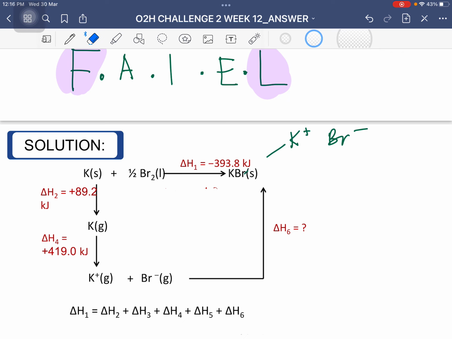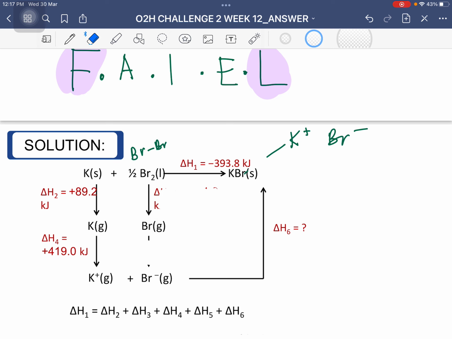Now we move to the non-metal part, which is bromine. So kita nak form bromide. So bromide datangnya daripada bromine gas, Br2, Br bond Br. Sekarang according to definition, atomization is the energy required to form 1 mole atom. So sekarang kita nak form 1 mole atom bromine.